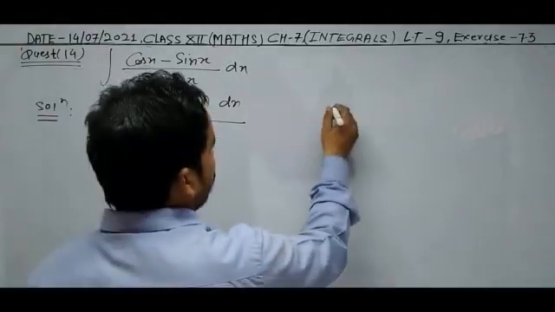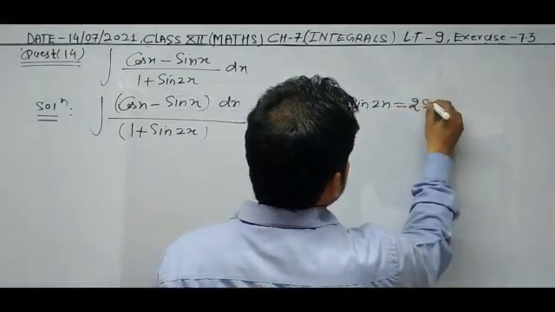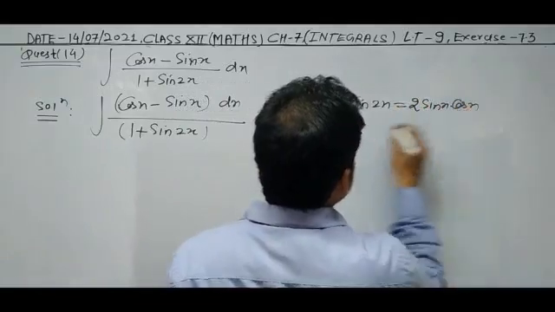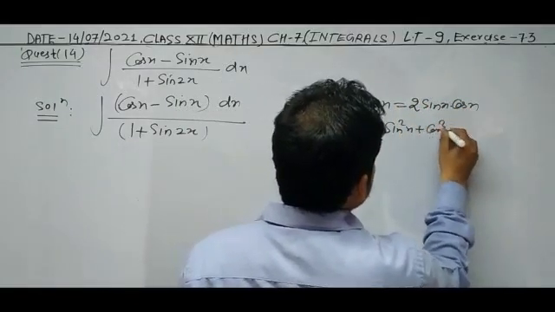So you know the formula, sin 2x is 2 sin x cos x, and 1 can be written as sin square x plus cos square x.